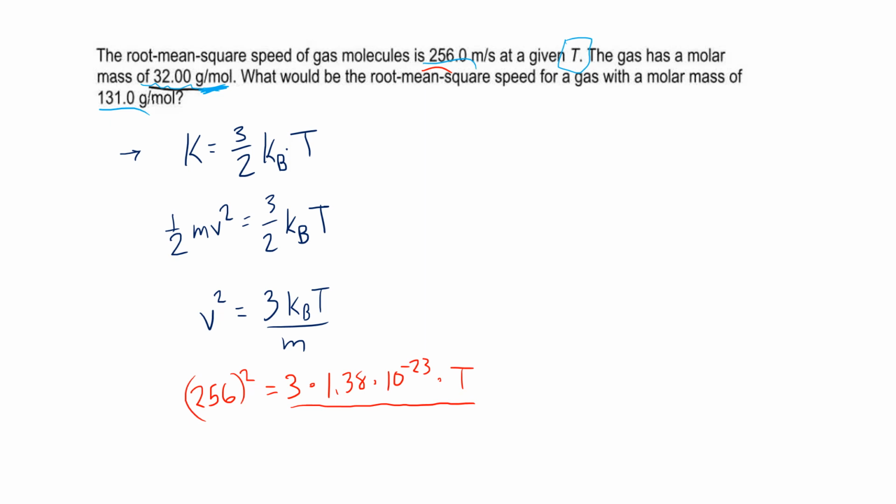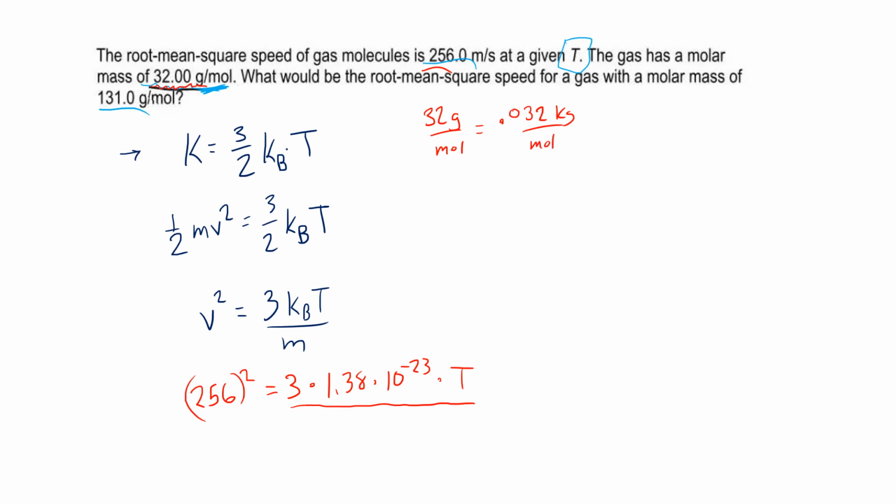Now, for mass, what is the mass? Well, the mass is 32 grams per mole. So how much mass is a particle? Well, we know that it's got 32 grams per mole. So that's going to be 0.032 kilograms per mole.